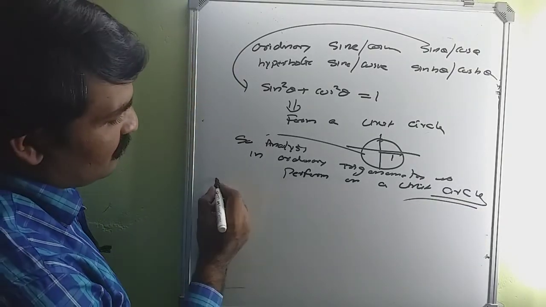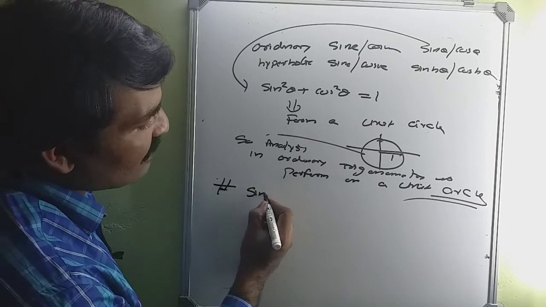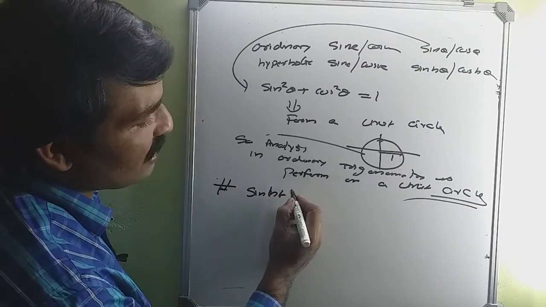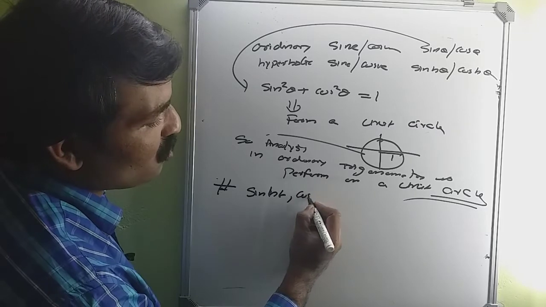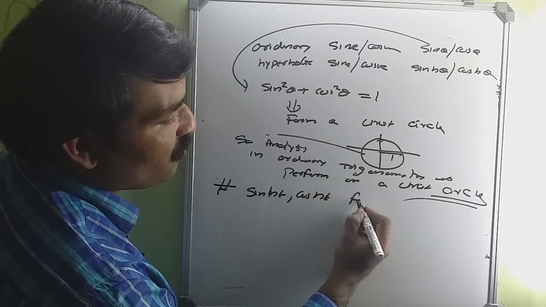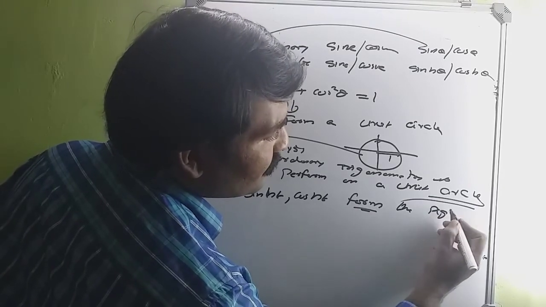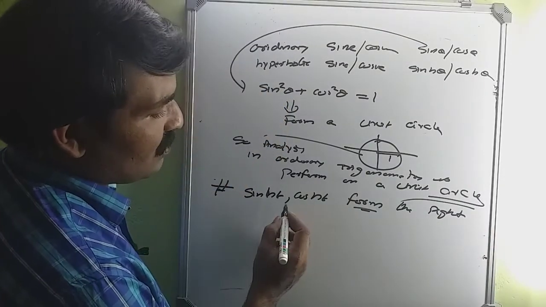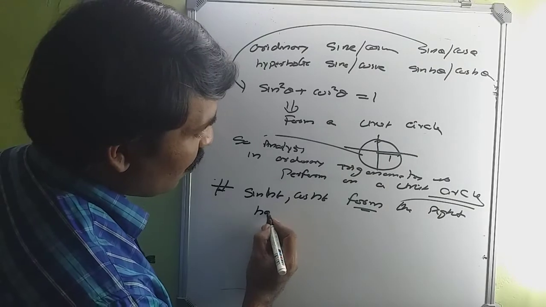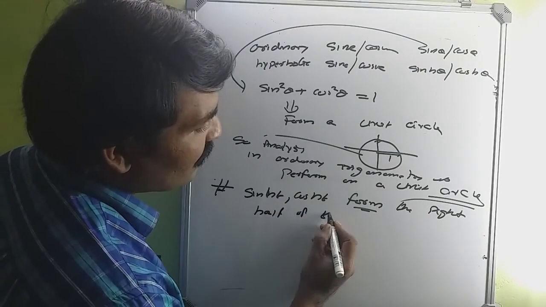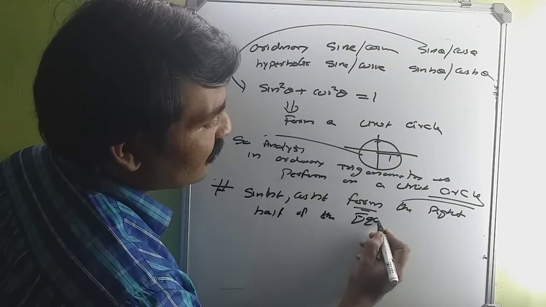But sinh t and cosh t, the hyperbolic sine and hyperbolic cosine, form the right half of the equilateral hyperbola.